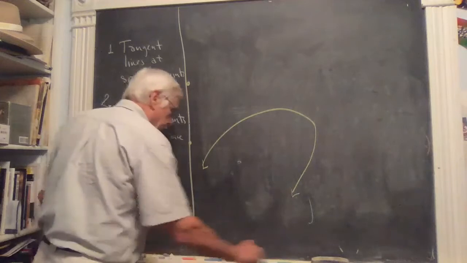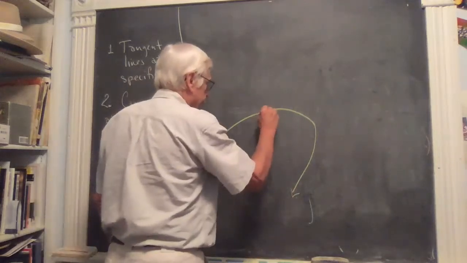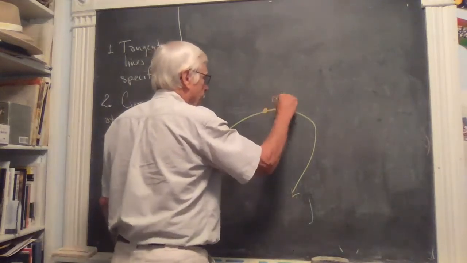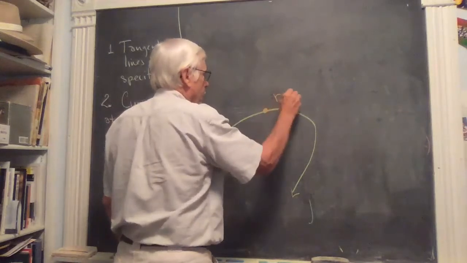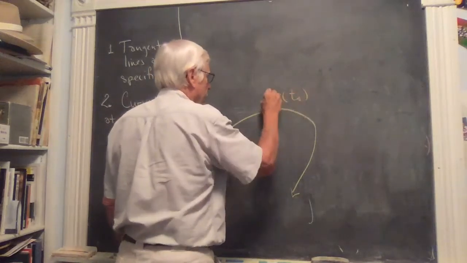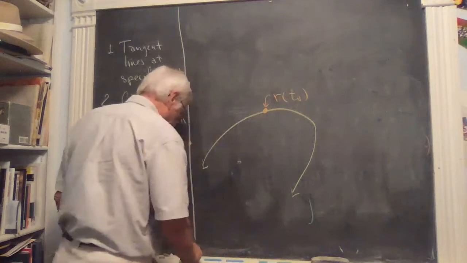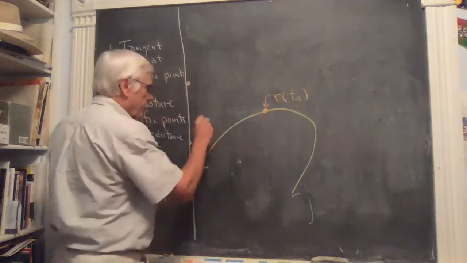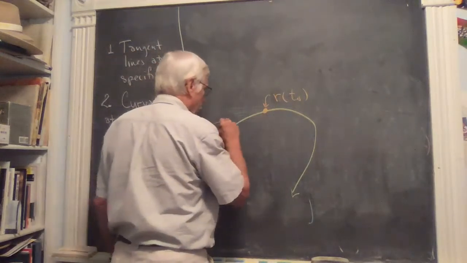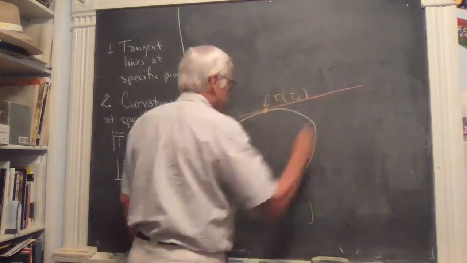And we'll take a particular point on that graph. So this is given by r of some particular point t naught. That gives that position. We know how to find the tangent line at that point. So that would be the tangent line.